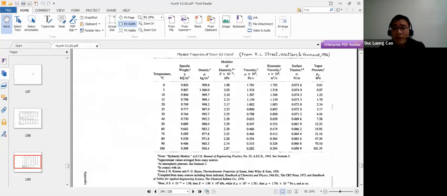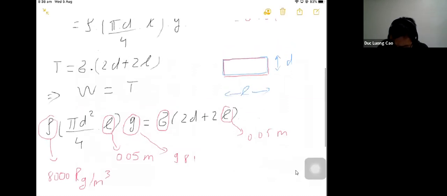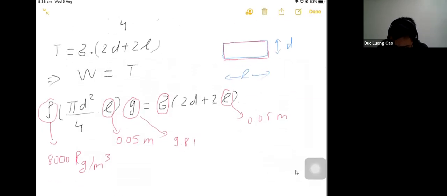We have surface tension coefficient here is 0.0728.